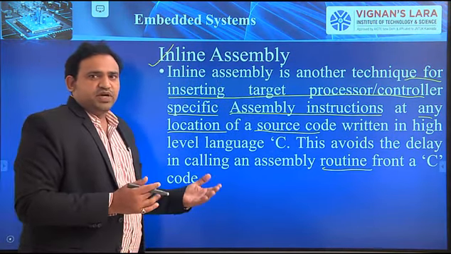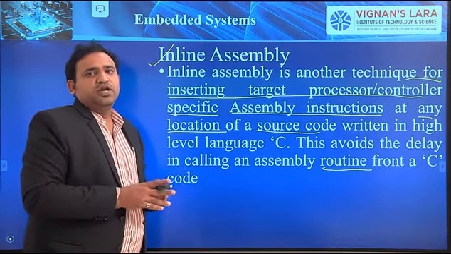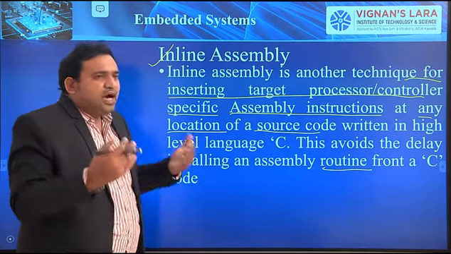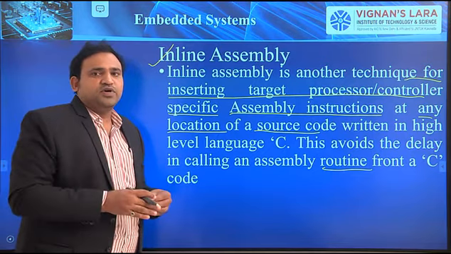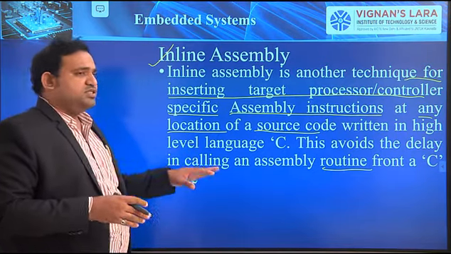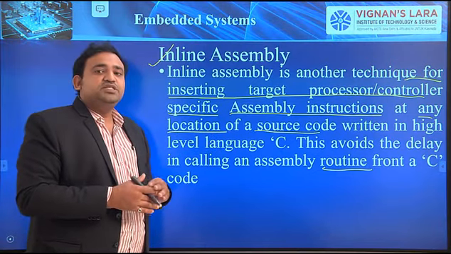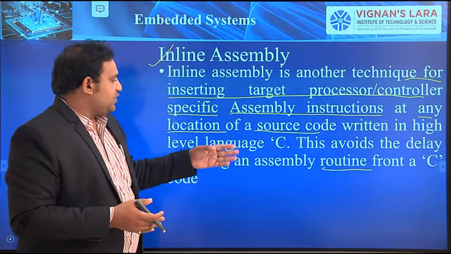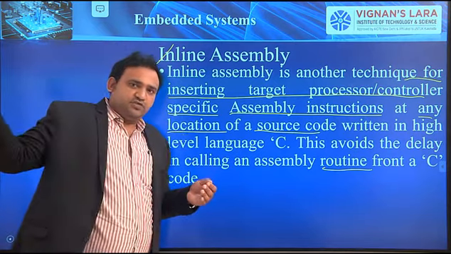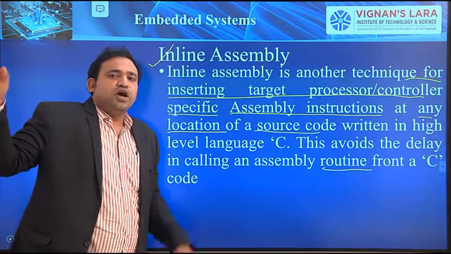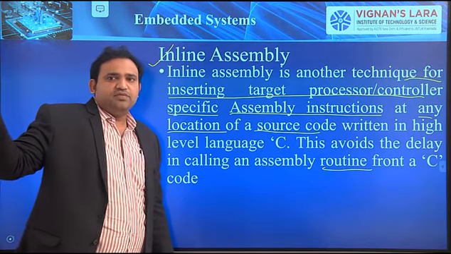See here, simply, we have some library functions, and the respective software is already included. In order to call some specific processor functions or specific controller functions, those instructions must be included in the libraries of the high level language. So it is easy to call, and this avoids the delay. Routine means after getting some interrupt, we go to a respective vector address. There we have to run the respective program, a small execution for an interrupt or a signal.